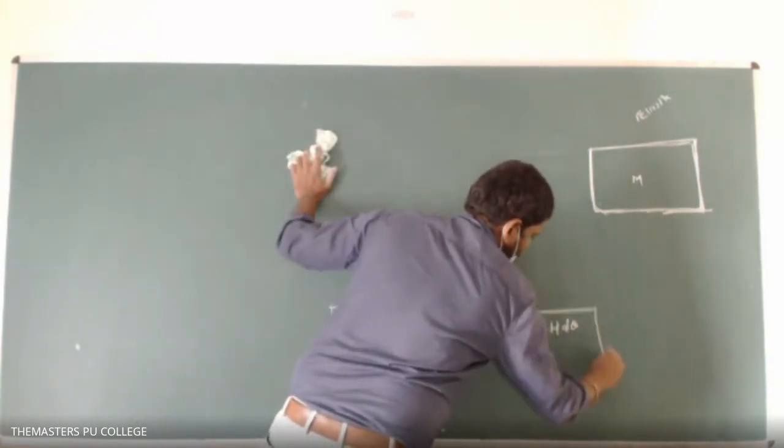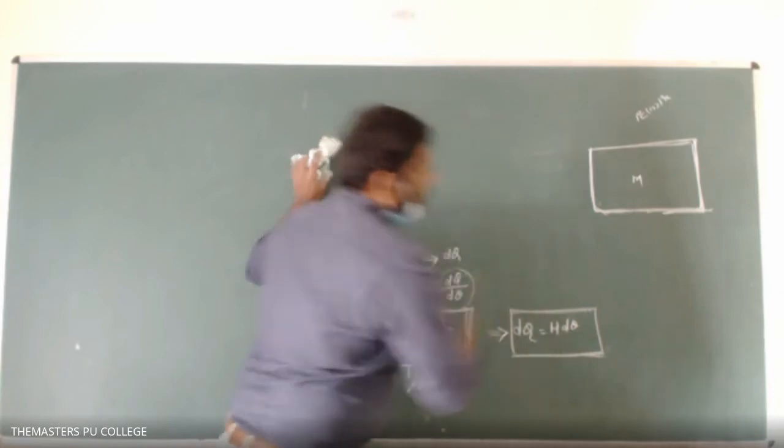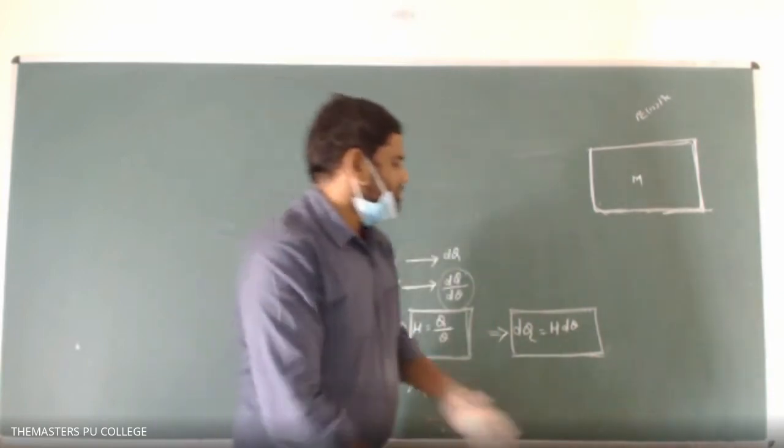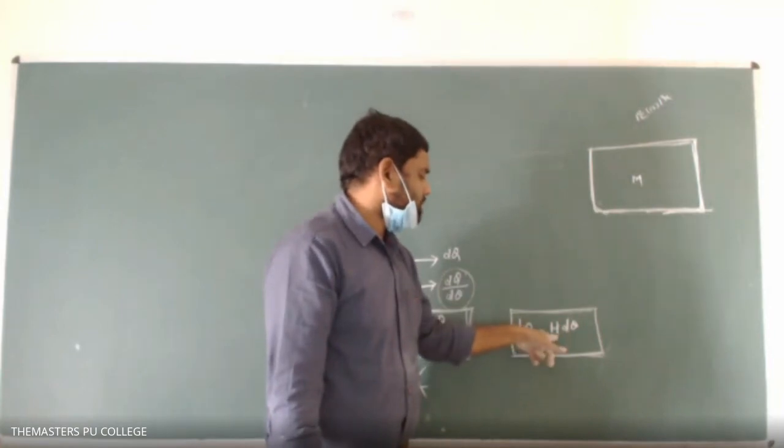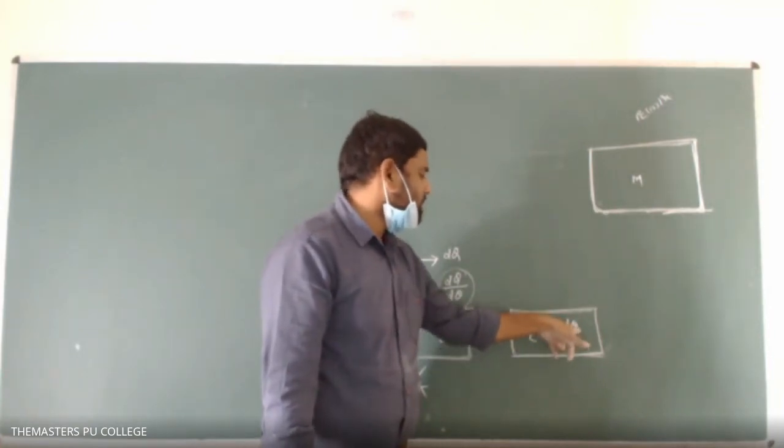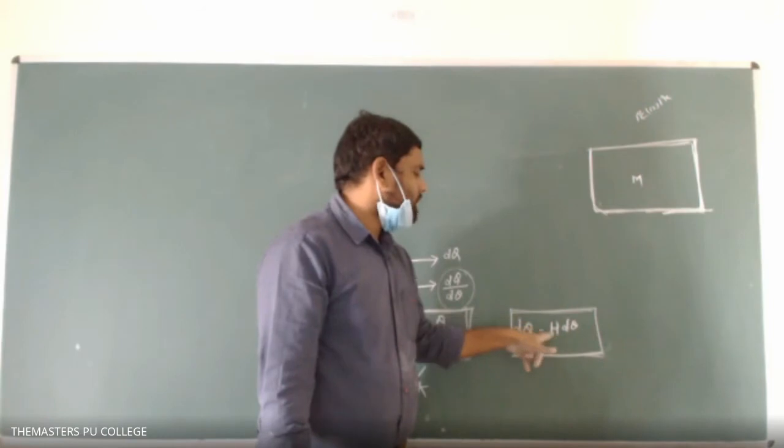What does this equation represent? To raise the temperature of a substance whose thermal capacity is H by d theta, the heat we need to supply is H into d theta.